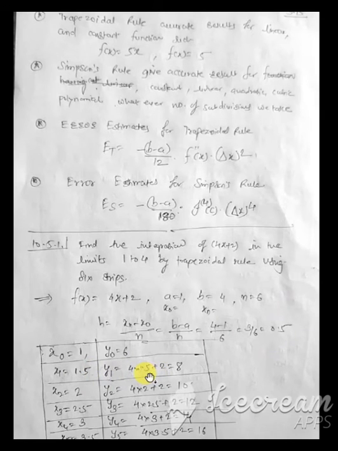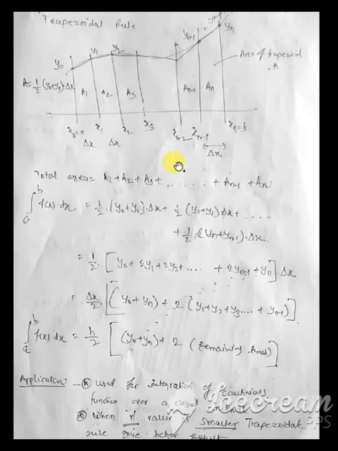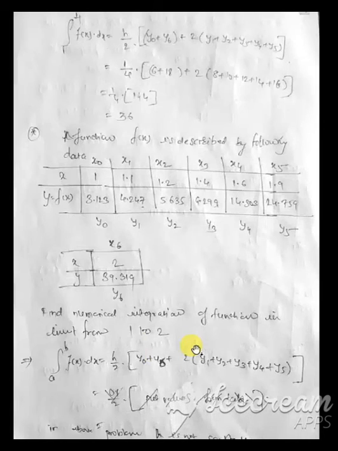Replace x by 1.5: 4 into 1.5 is 6, plus 2 is equal to 8. Similarly x2, x3, x4 up to x5 you can find, and just use that formula: here n is equal to 6 and h is 0.5, so 0.25 into y0 plus y6 plus twice of the remaining terms, and by putting in these values you will get the integration value.